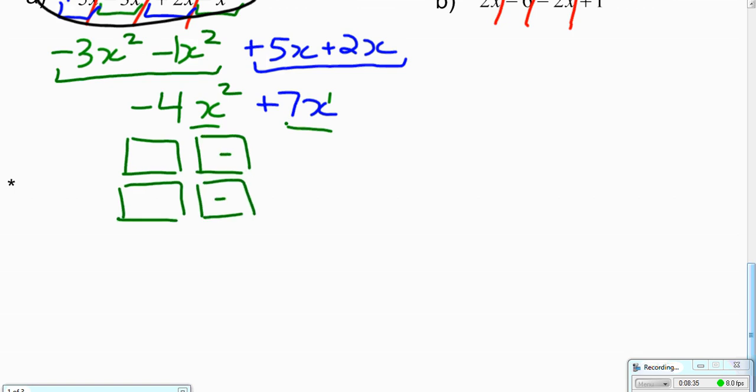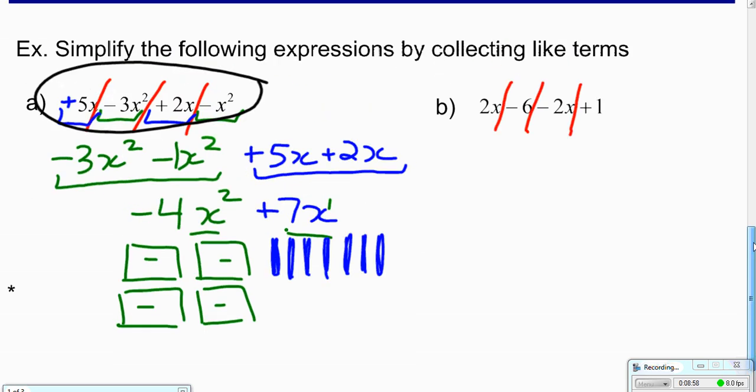Okay, so this is 4 negative x squareds, and then we have 7 positive x's. So the positive x's are going to be colored all the way in, and they're going to be like this shape. So 1, 2, 3, 4, 5, 6, 7. So once you see them as the shape, hopefully you can see that, okay, we can't put those together. They're not the same shape. We can't have those.